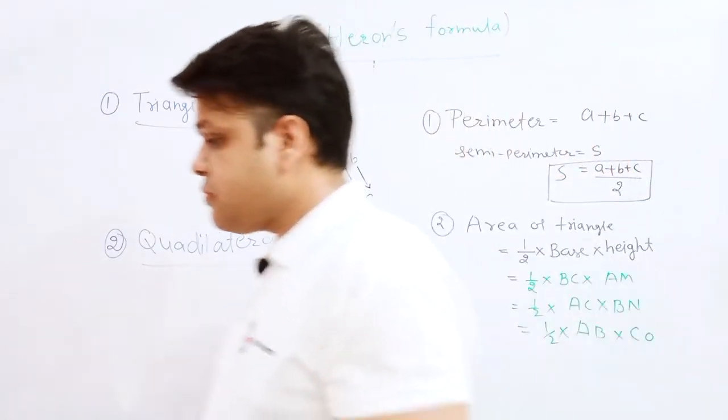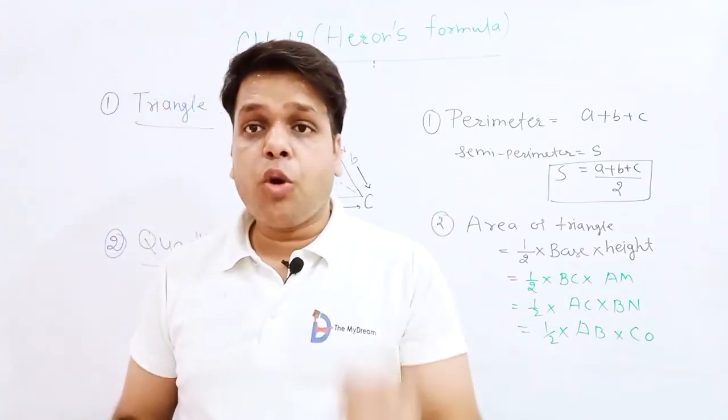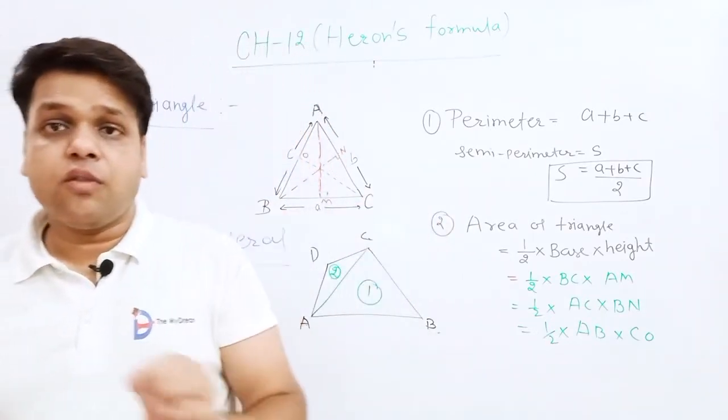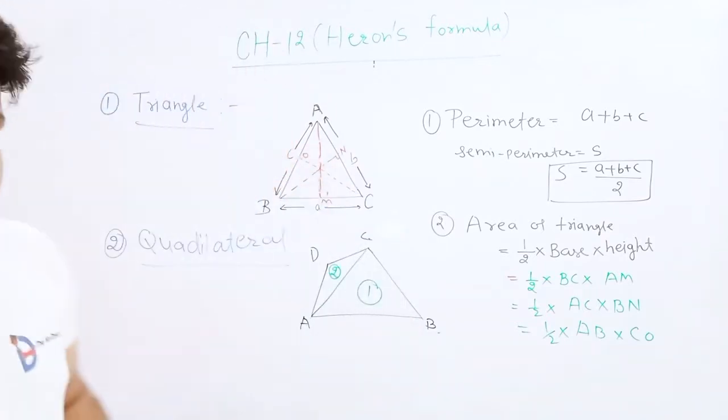Now, we are going towards the formula part of the area of the triangle, which is known as Heron's formula.